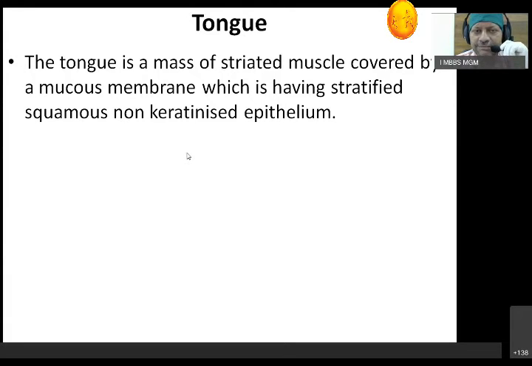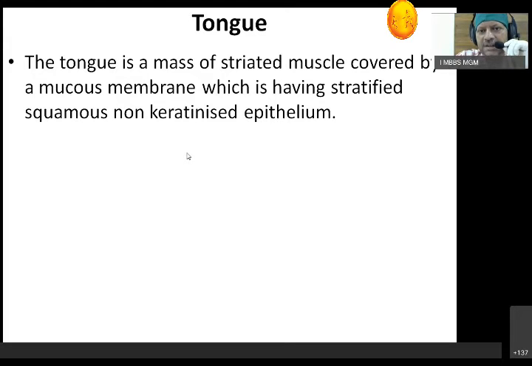muscle, they say hold your tongue, don't talk too much. But remember, the tongue has a striated muscle layer. We talked already in gross anatomy about the intrinsic and extrinsic muscles of the tongue. Today in histology we are more concerned about the intrinsic muscles of the tongue, which usually lie in three layers: horizontal, vertical, which produce the movement of the tongue.